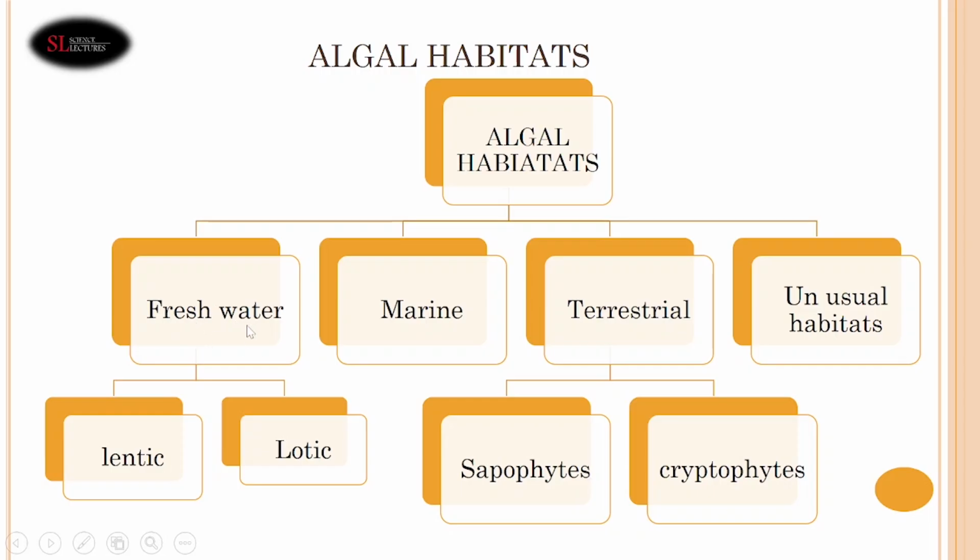Freshwater means this is algae located within freshwater systems. And we have two types of freshwater systems, or freshwater ecosystems. But the other thing is, freshwater systems are those systems that have low salinity waters.